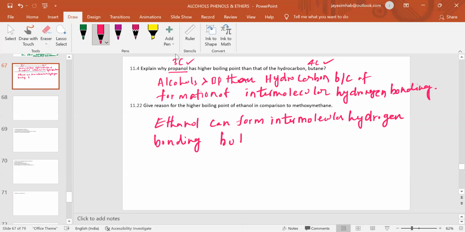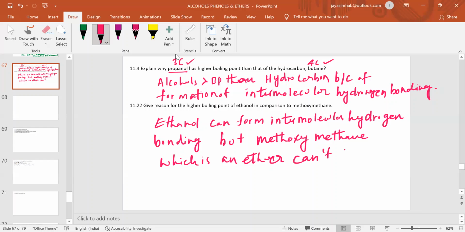But methoxymethane, which is an ether, cannot form hydrogen bond.